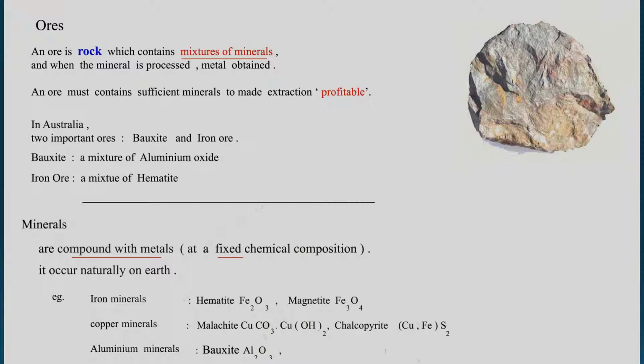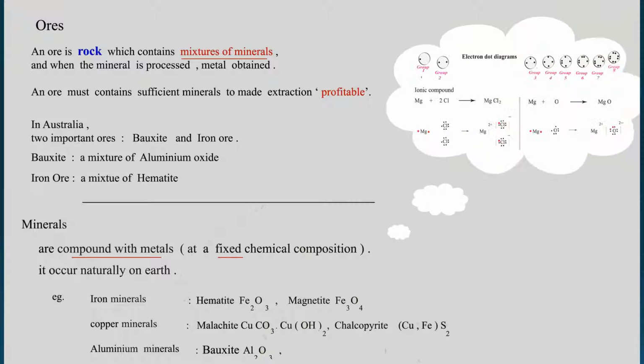What makes them have this fixed composition? And I hope students still remember a chart. Electron dot diagram. This ionic compound, remember, one magnesium needs two chloride to form magnesium chloride, MgCl2. One magnesium needs one oxygen to form magnesium oxide.